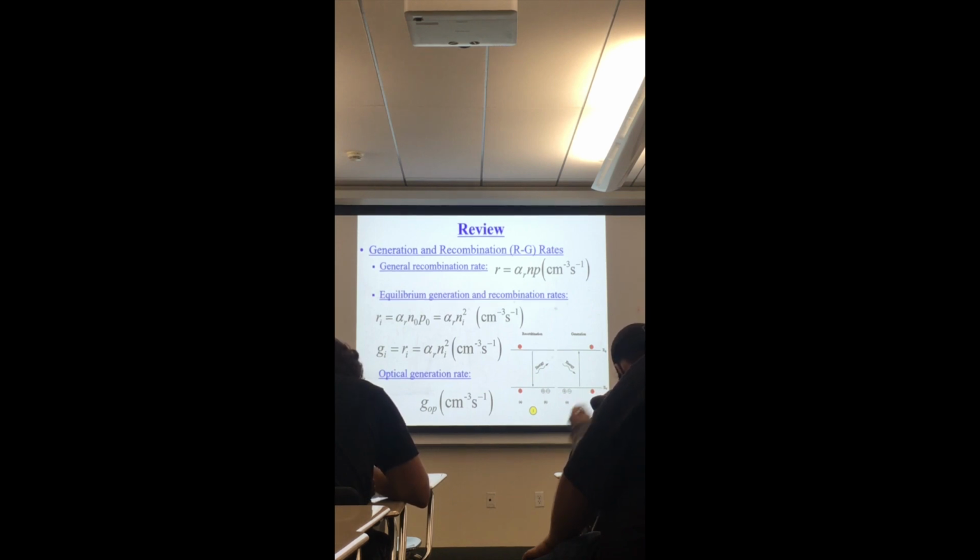Okay. And for this generation rate, just pay attention to the unit, right? So this is per centimeter cubed per second. So basically it's the number of electron-hole pairs created per centimeter cubed per second.